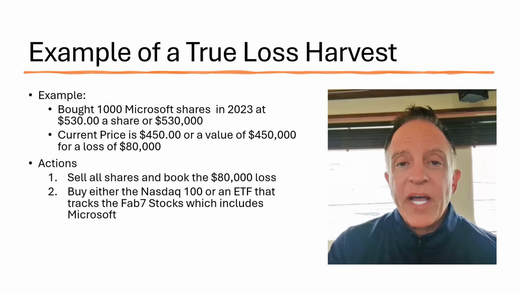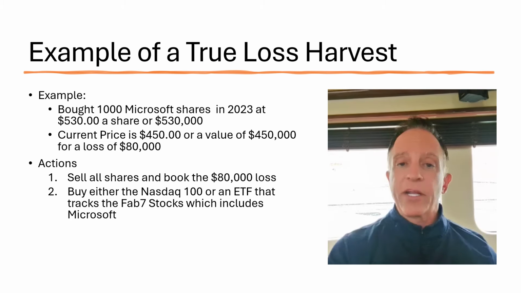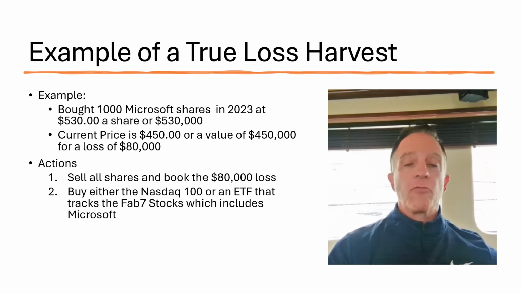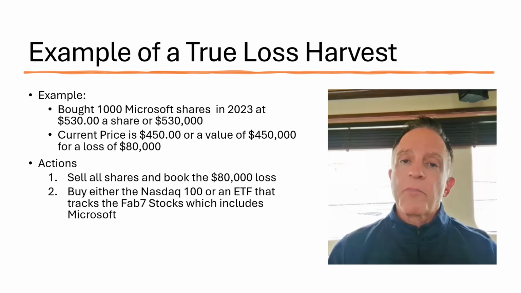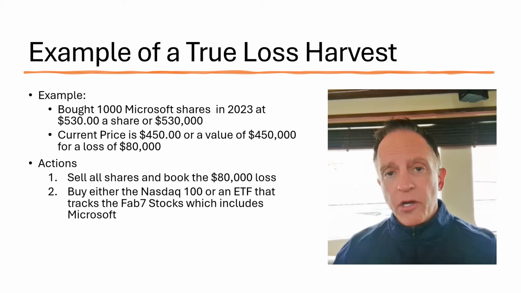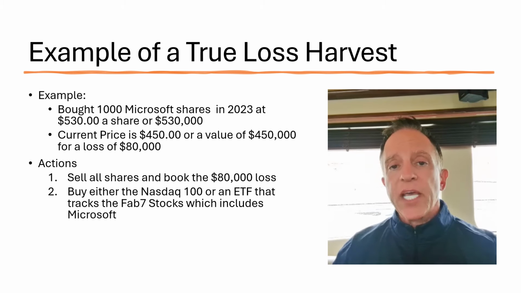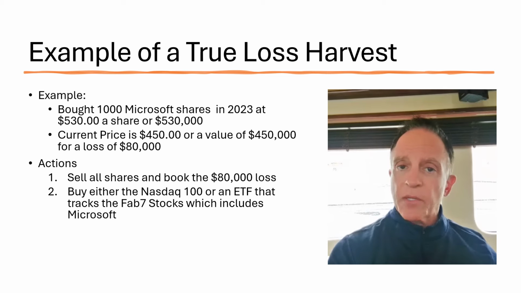So you're going to buy something that's similar, but not the same. You can't rebuy Microsoft. Could you rebuy Nvidia? Yes, you could do that. Could you rebuy Facebook? Yeah, you could do that. But again, maybe this is just a play where you're trying to book the loss and stay out of the market long enough, but you're not losing out on the uptick. So maybe you buy something that tracks in a similar manner.